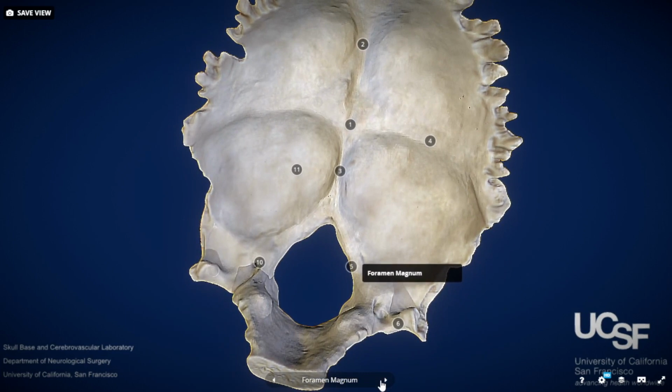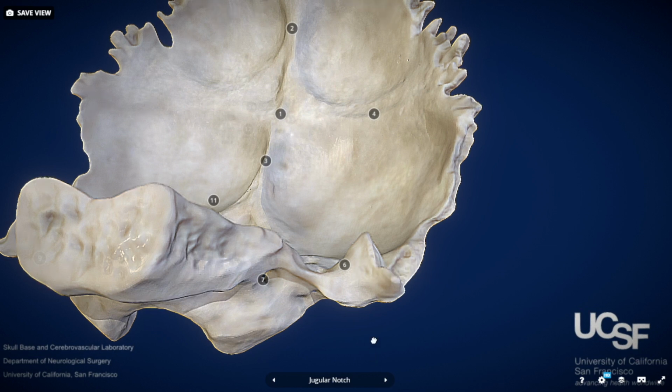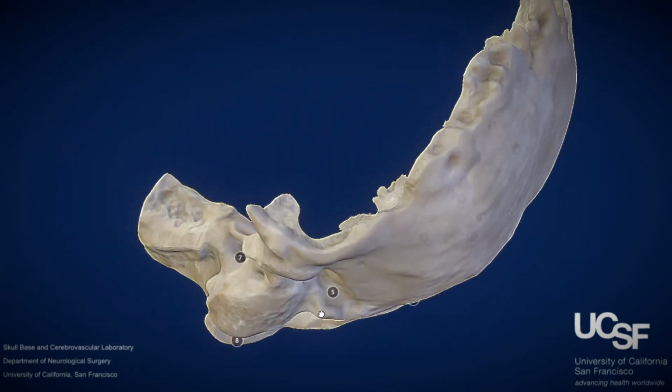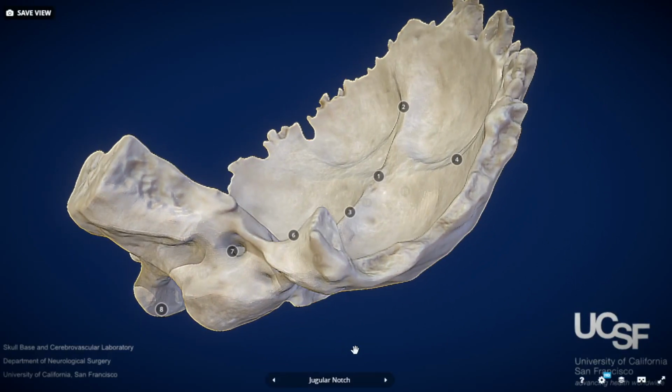And just anterior to the squamous portion, we see the foramen magnum, which lies in between the three regions of the occipital bone. What we're seeing here is the jugular notch, which is formed by the projection of the jugular tubercle.